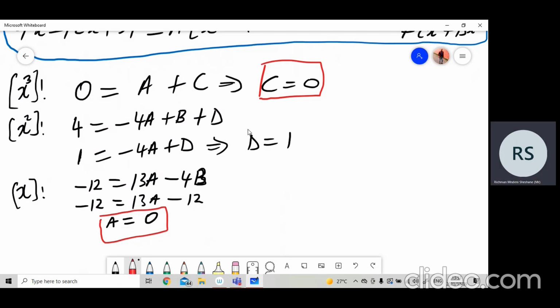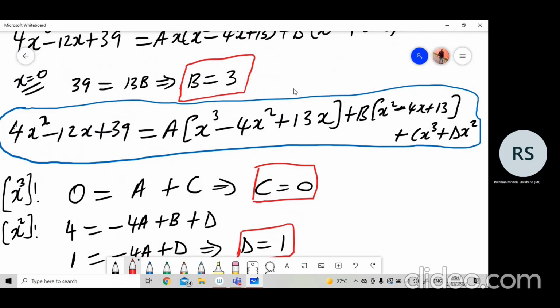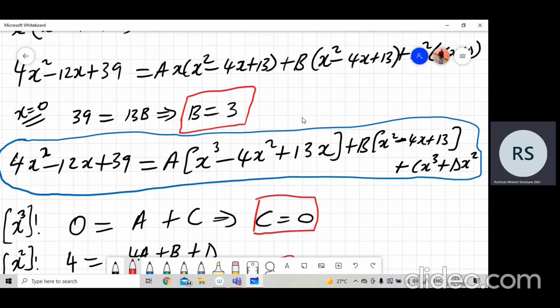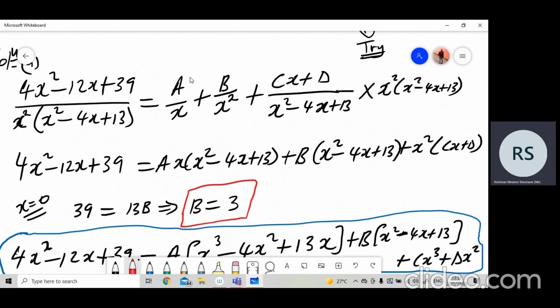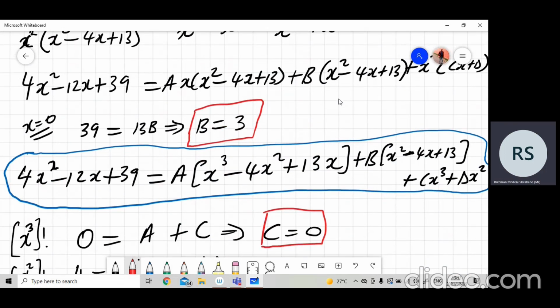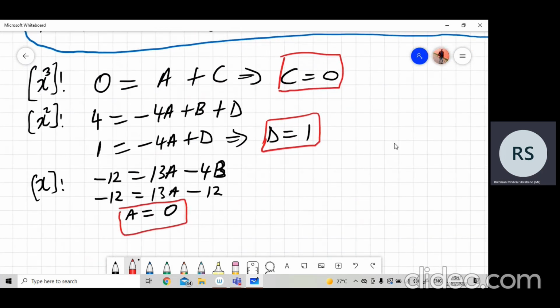So from this expression, we're solving for the values of the partial fraction constants a, b, c, d. We find the value of b is 3, value of c is 0, value of d is 1, and value of a is 0.